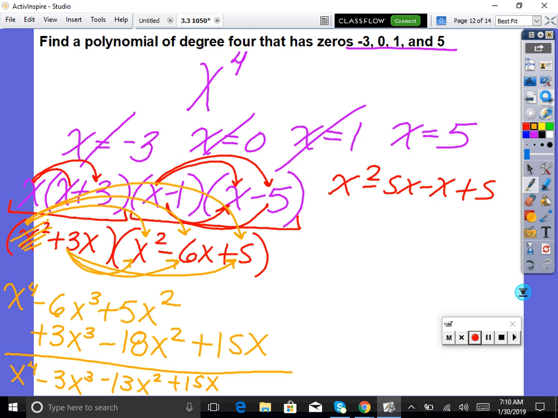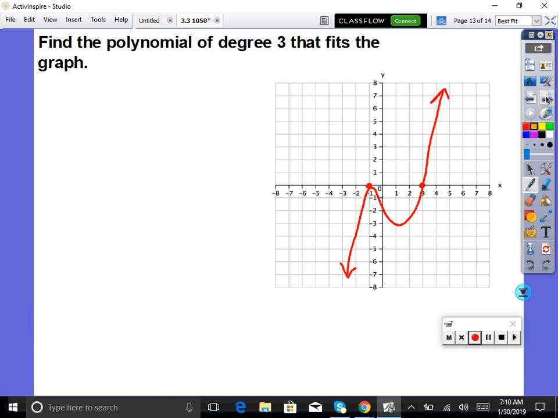Okay, this is the last example of the day. Find a polynomial of degree 3 that fits the graph. Don't we use the zero method? So we have x equals 3 and x equals negative 1, but that's only 2 solutions.